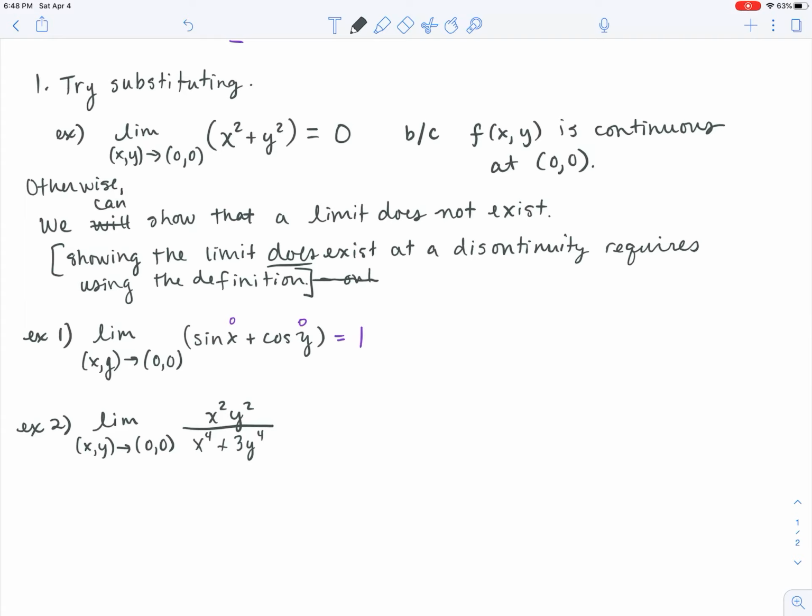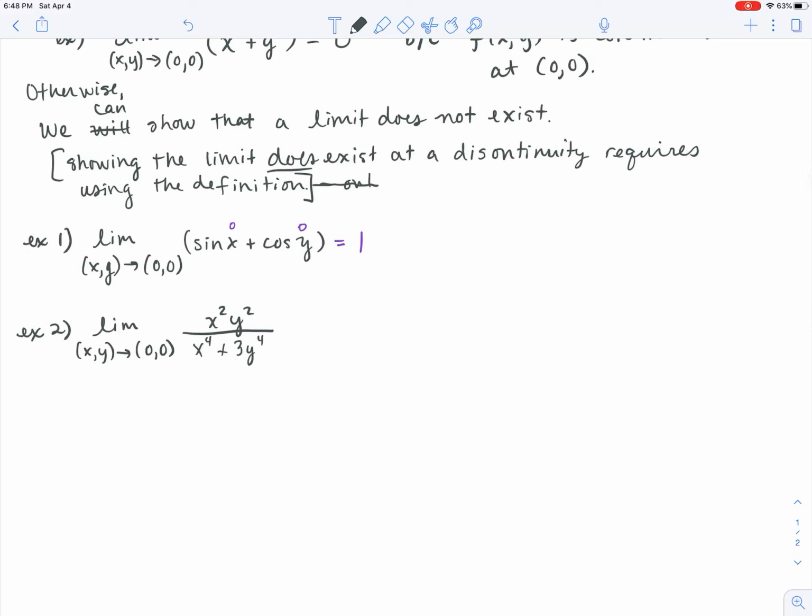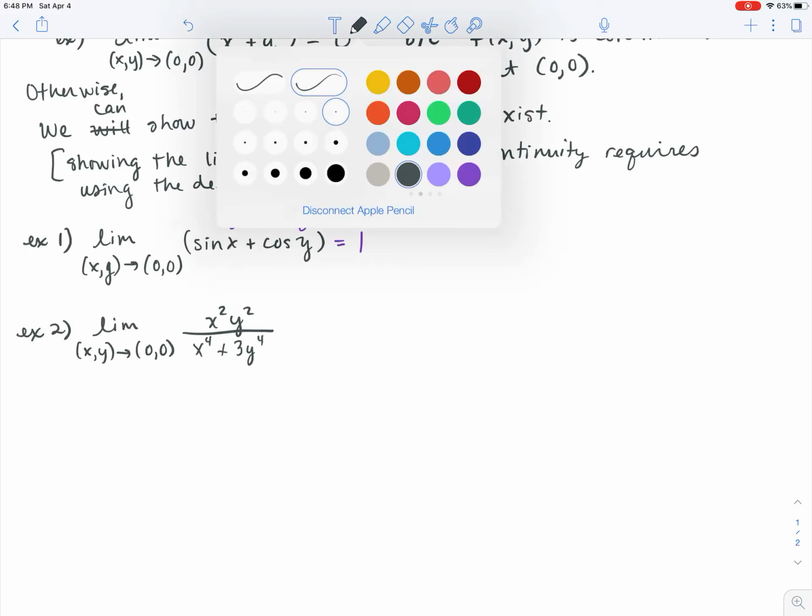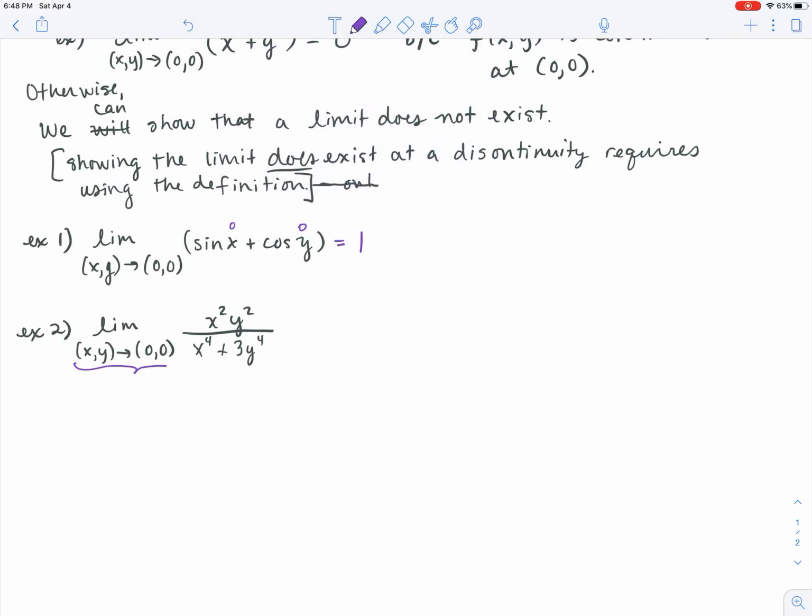We could look at the graph of this, maybe we'll do that after we finish. But the way to approach these problems is to just literally approach at different places. So I'm looking just at the domain here, just at x and y.